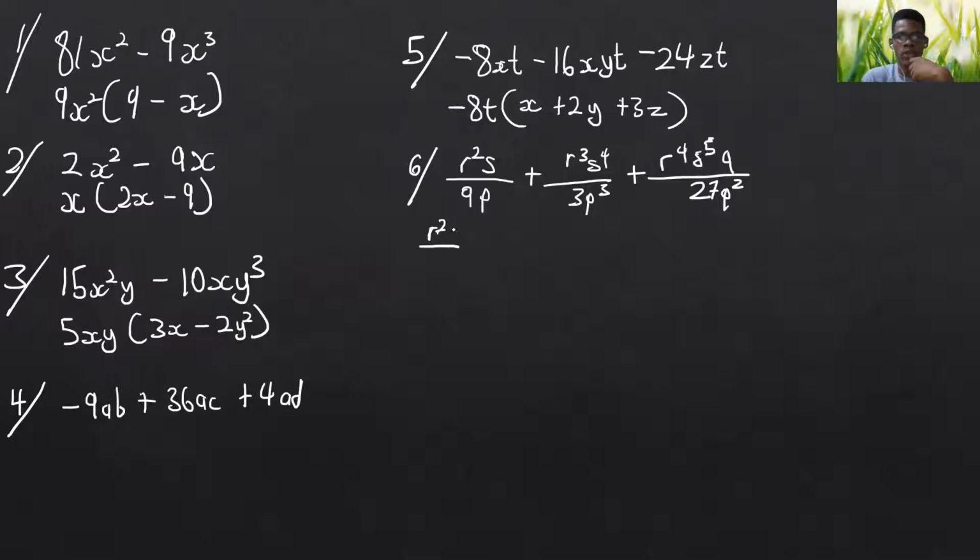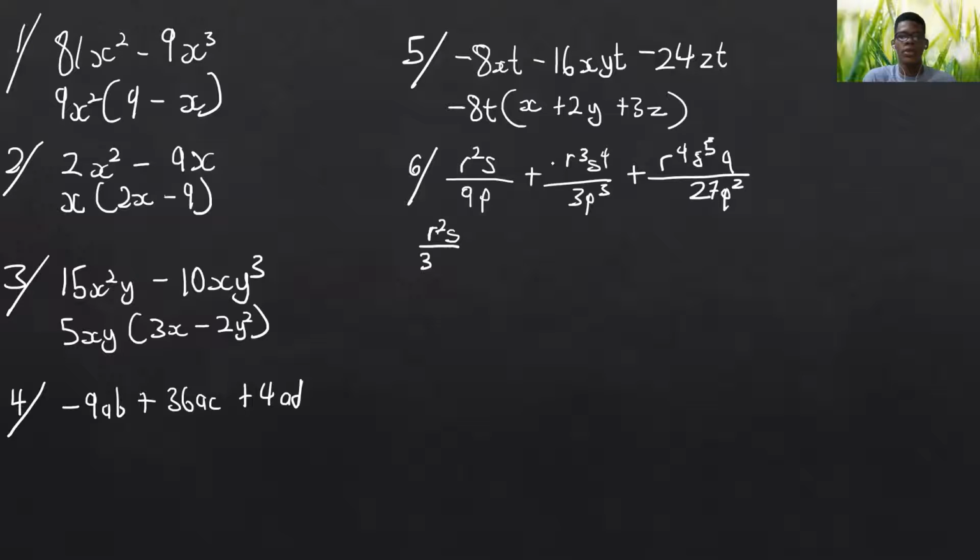The one with the lowest power is just s. And q is only in the last term. So the highest common factor for the numerators is r square s. Coming down to the denominators, we have numbers now: 9, 3, and 27. The highest common factor number is 3.